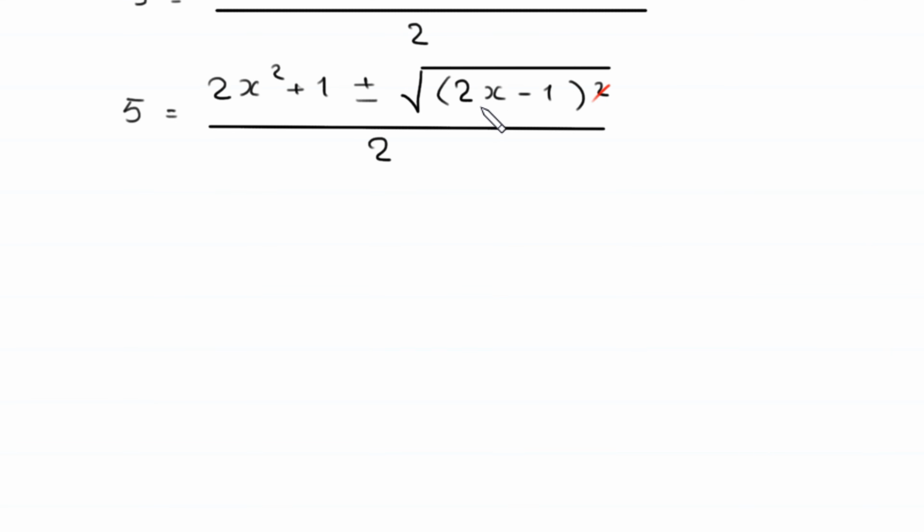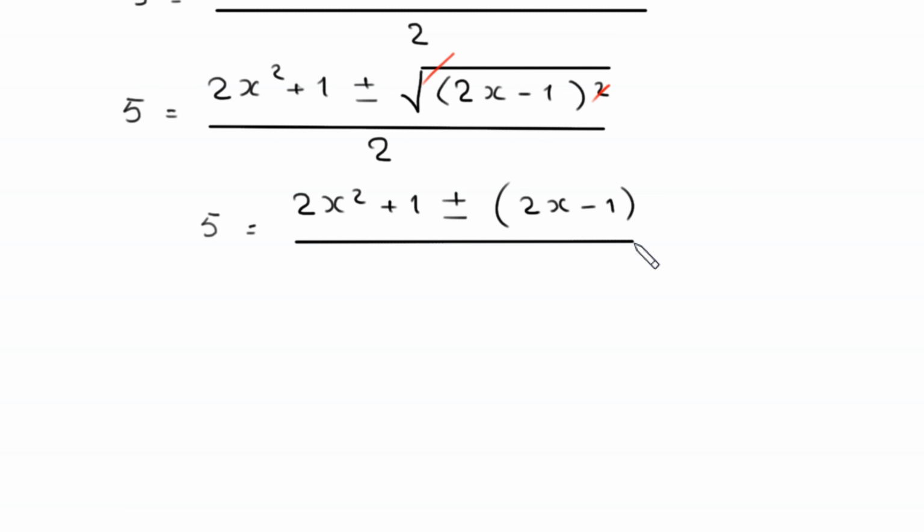Now this square will be cancelled out with this square root, and here we are left with 5 is equal to 2x squared plus 1 plus or minus 2 times x minus 1, divided by 2.